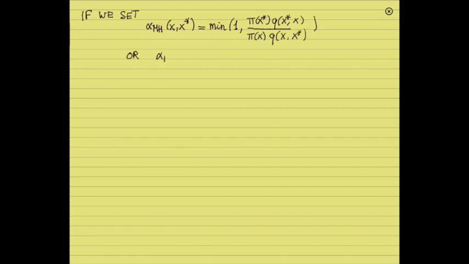So we just need to find examples of acceptance rates such that this equality holds. So in fact, there is more than one choice. There is more than one valid acceptance probability in Metropolis Hastings. So the most standard one, the most classical one, which also happened to be a good choice in terms of asymptotic variance, is to set the alpha x x star here as the minimum between 1 and the ratio pi of x star q of x star x over pi of x q of x x star.